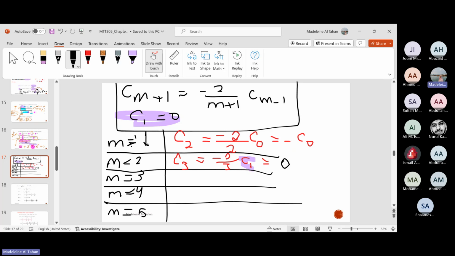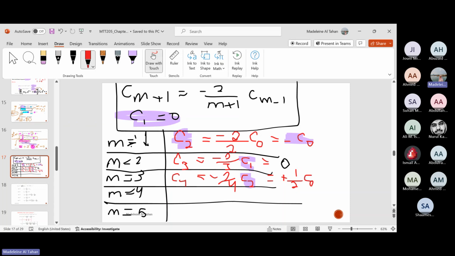Now, at m equal 3, miss, what will we get? c4, 3 plus 1 is 4, minus 2 over 4 c3 minus 1, which is c2. So we will get negative half, miss, c2 is equal to what? Negative c0. Okay, so negative times negative, we will get? Positive.